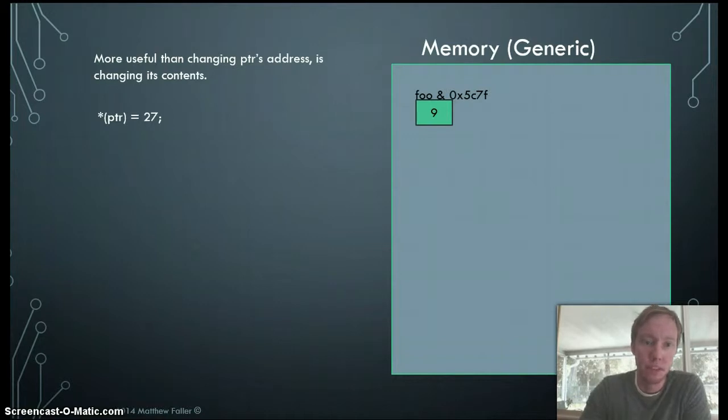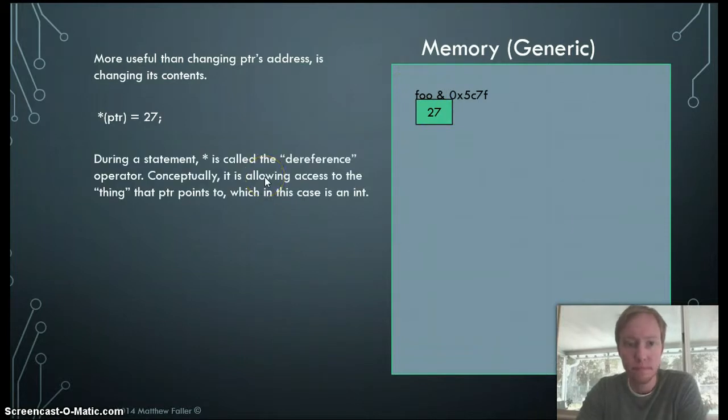You put pointer in parentheses, and then you put this little star outside, and this will actually let you assign the value of 27 to foo. We call this the dereference operator. Pointer is a reference to a value, and the dereference is kind of like saying, hey, what the reference is pointing to, I want to mess with that.